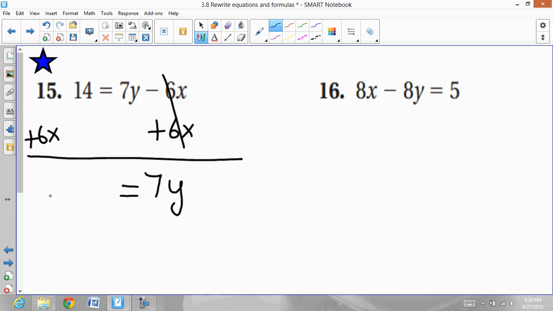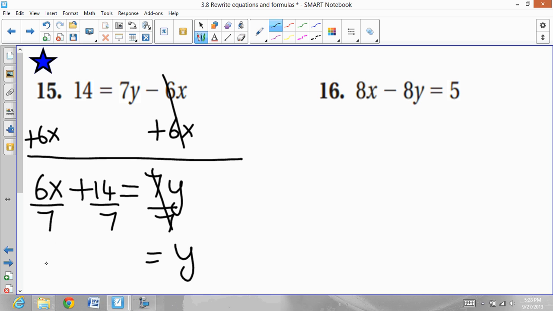Now positive 6x, I'm going to write it as 6x, and 14, you take it as positive 14. So positive 14, make sure that you put it with a sign. Now you want to get rid of the 7 because you want to get the y alone. 7 is multiplying. The opposite of multiplying will be divide by 7 here, divide by 7 here, and divide by 7 here. 7 divided by 7 gives you a 1. 1 times y gives you just the y.